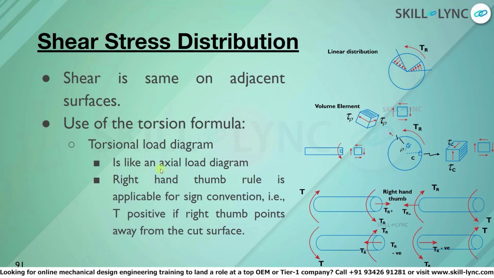Now we'll see the sign convention for the torsion formula. Again, we use the right hand thumb rule. When we take a shaft, in the right side and the left side region of the shaft, if the reaction is acting outwards, then the torque is positive. In the same way, if the reaction is acting inside the shaft, then the sign convention is negative there.